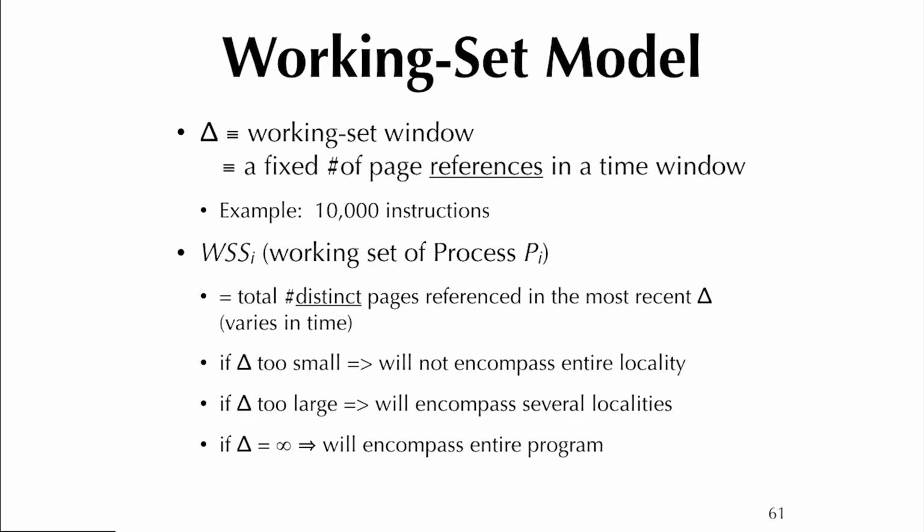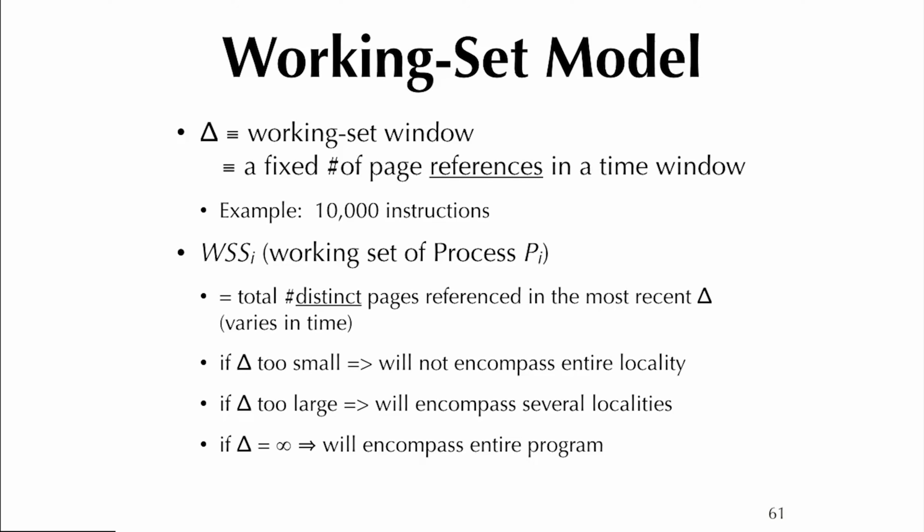Okay, the book talks about the working set model, but they don't go into enough depth, so I'm just going to talk a little bit about this, but not too much. A more advanced OS course would have more to say about the working set model. You can think of the working set window as a fixed number of page references in a time window, maybe say 100,000 instructions.